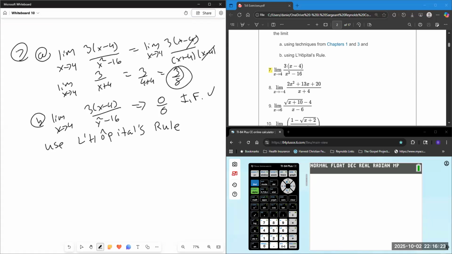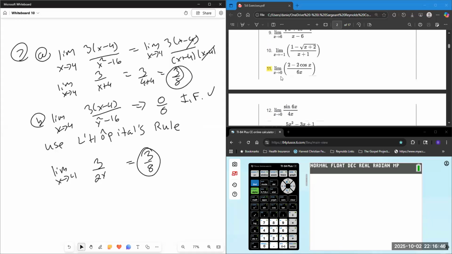L'Hopital's rule tells us to leave the limit here and take the derivative of the numerator and the derivative of the denominator, and then evaluate this new limit, and it should have the same value as the original limit. It only works when I have 0 over 0 or infinity over infinity for my direct substitution. So make sure that you show that to show that you're allowed to use L'Hopital's rule.